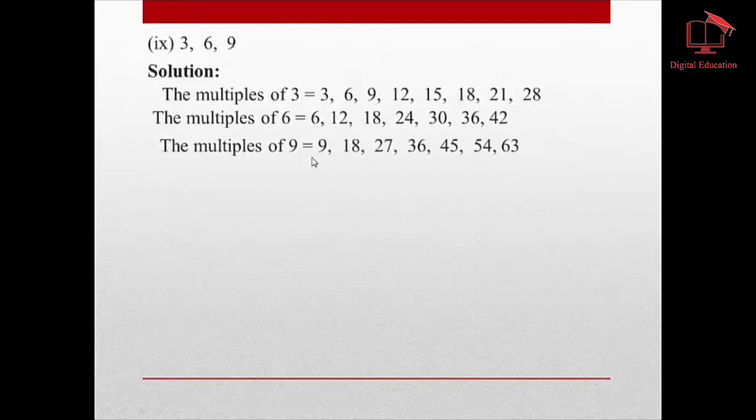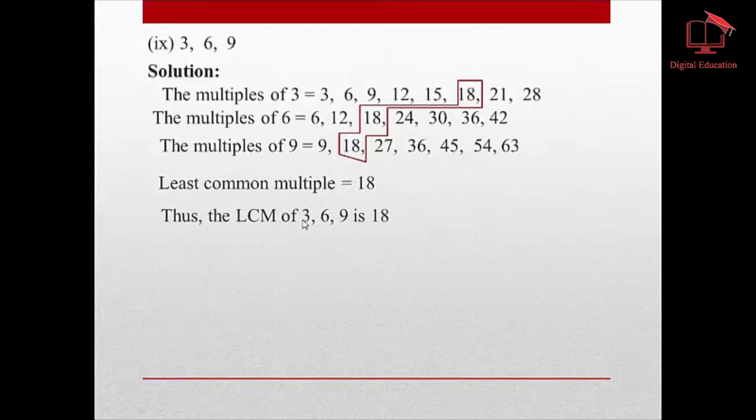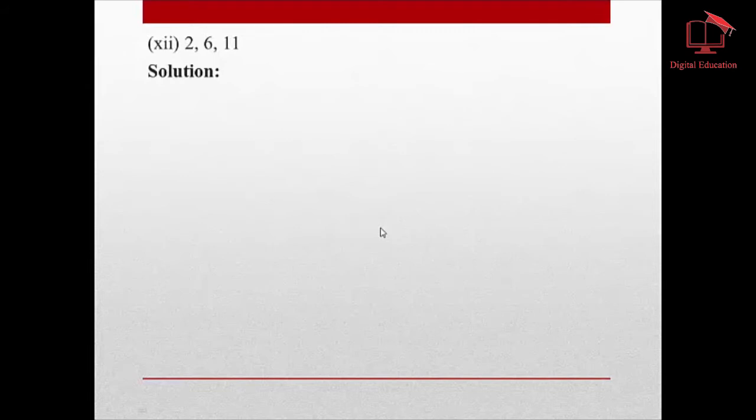The multiples of 9 are 9, 18, 27, 36, 45, 54 and 63. Now students, we will find the numbers that are common in all three lists. The only common number is 18. Now students, the common multiple is 18. Thus the LCM of 3, 6 and 9 is 18.